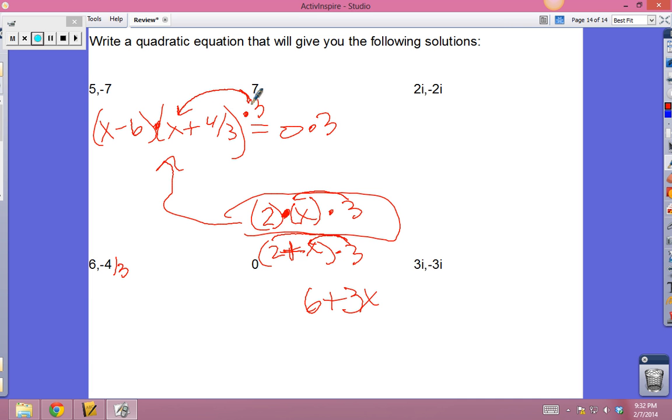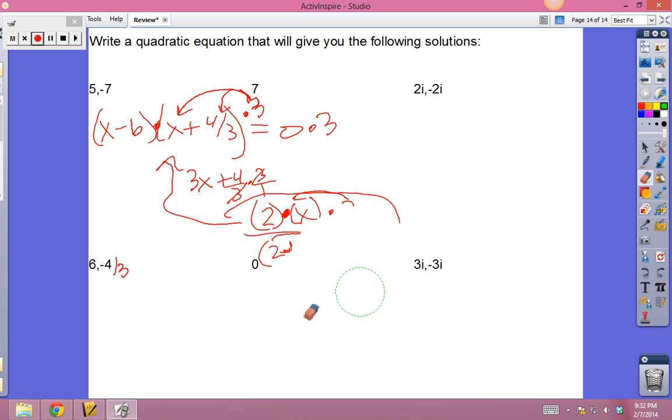3 times the x is going to give you 3x. And 3 times 4 thirds: I make 3 a fraction, put it over 1. 3 on top and 3 on bottom, you can cross cancel. So x plus 4 thirds times 3 is going to be 3x plus 4.